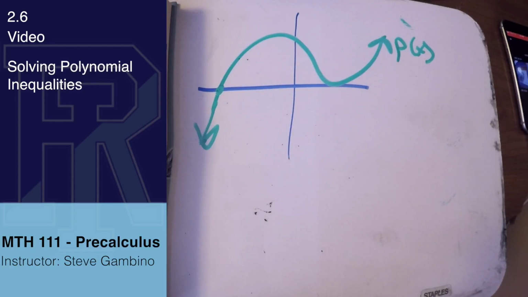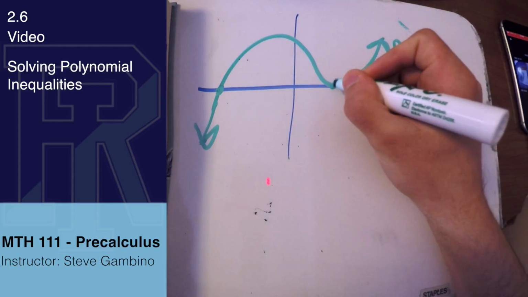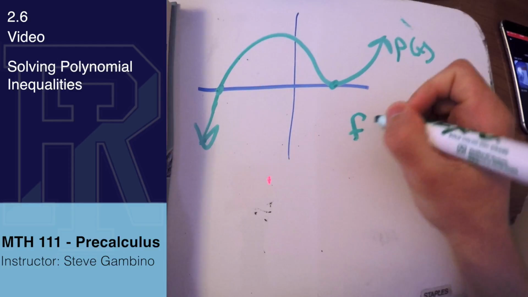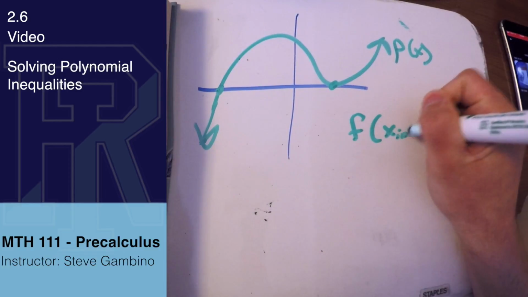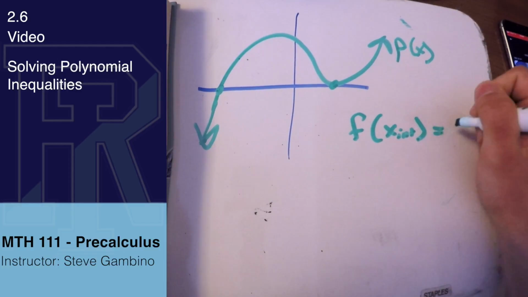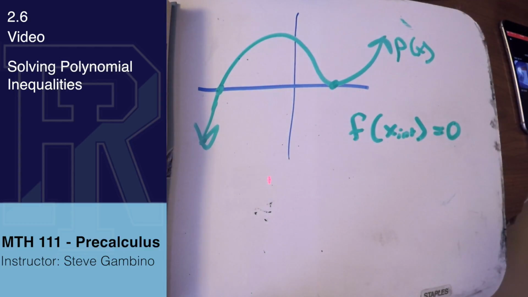So we have this idea now that the x-intercept is when f of x is equal to 0. So that x value is going to make our polynomial equal to 0, and that is also a root of our polynomial or a factor of our polynomial. And we spent a big chunk of this chapter talking about how to find those roots.